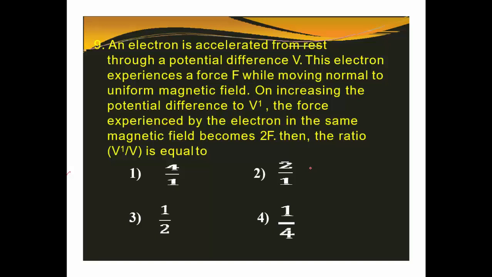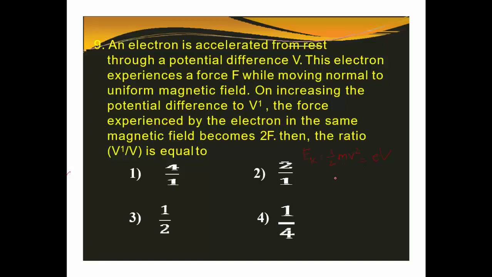Now you are asked to calculate what? The ratio of V dash by V. Now we have to build up a relation between V dash and V. The relation will be like this. Kinetic energy Ek is written as half mv square, and kinetic energy is also written as eV, electron volt.